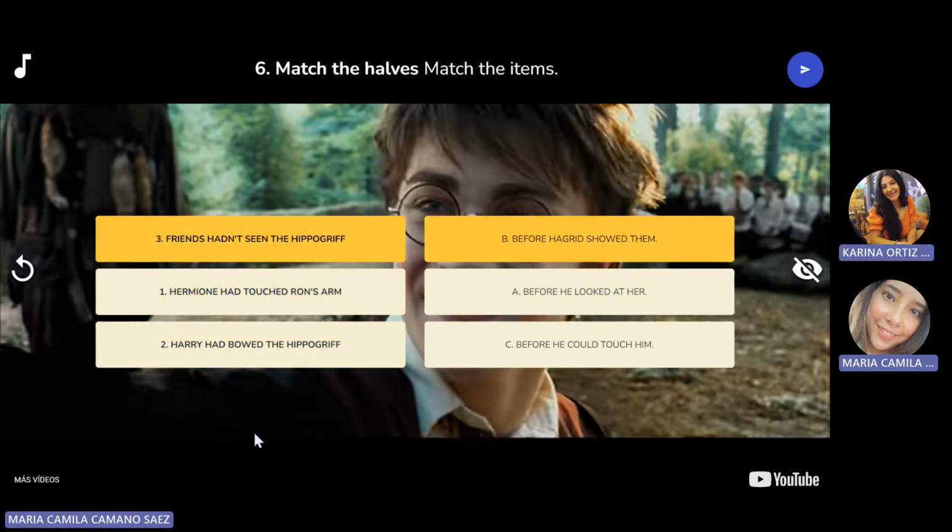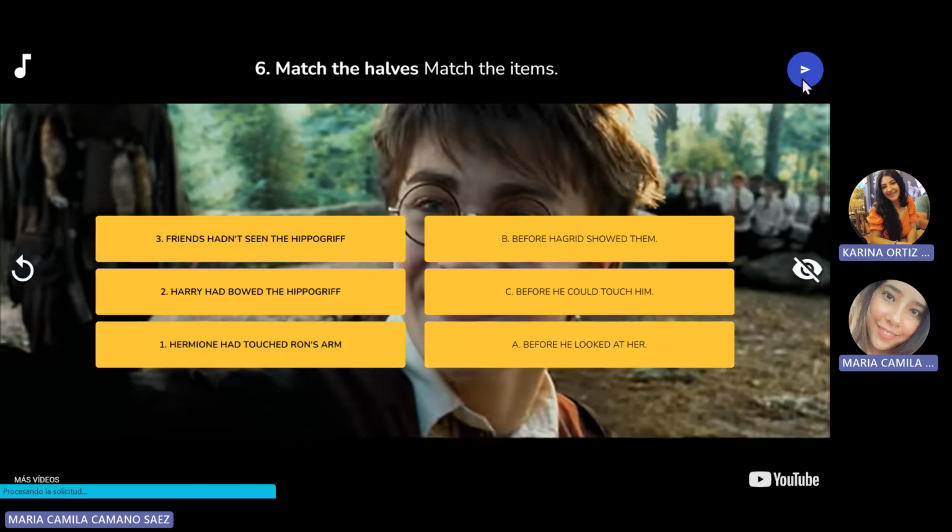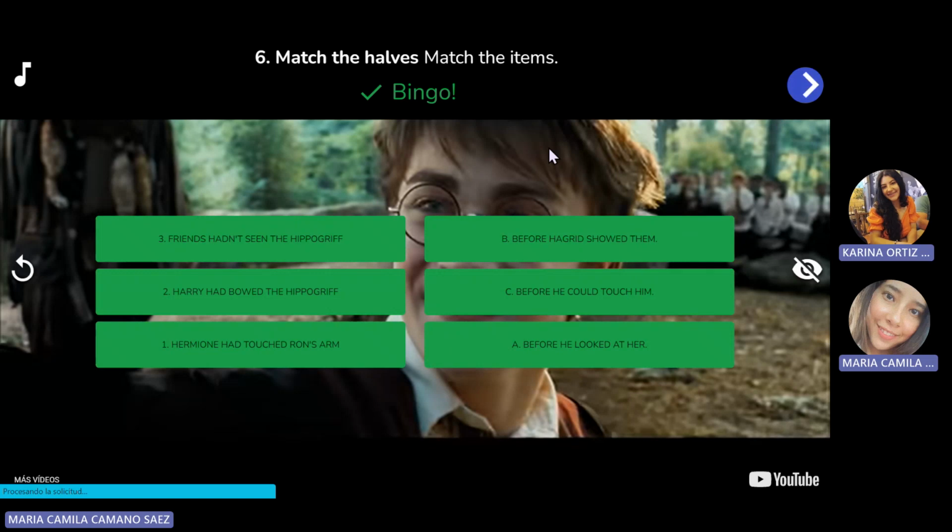Yes. This or this? Harry had bowed the hippogriff before he could touch him. Yes, and obviously this with this. Okay, let's check. Yes, you're right. Bingo.